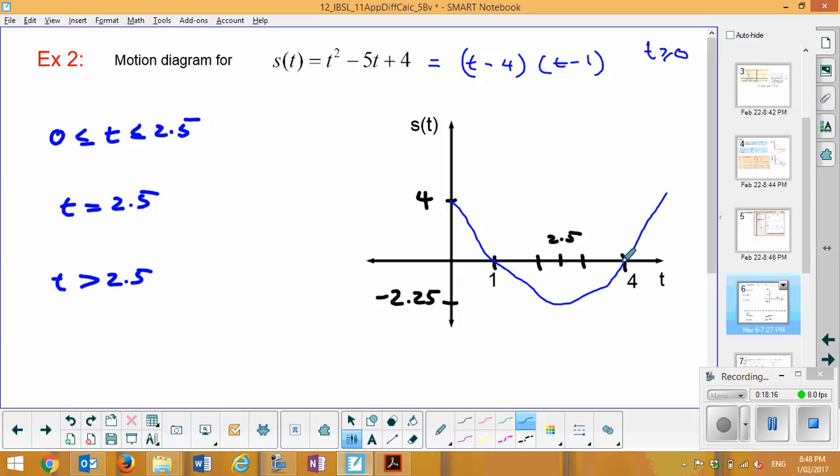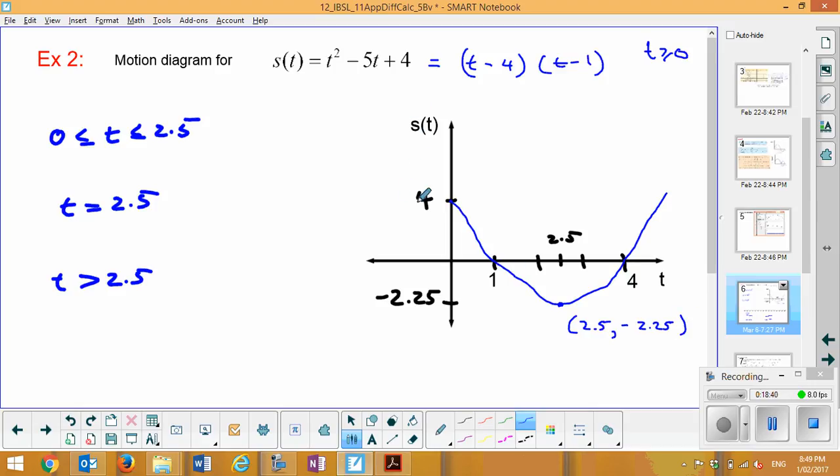Remember your quadratics, your minimum in this case occurs at the midpoint of your two x-intercepts, which is at 2.5. And that point there, if we do the calculations, comes out at 2.5 for the x and minus 2.25 for the y value for the displacement.